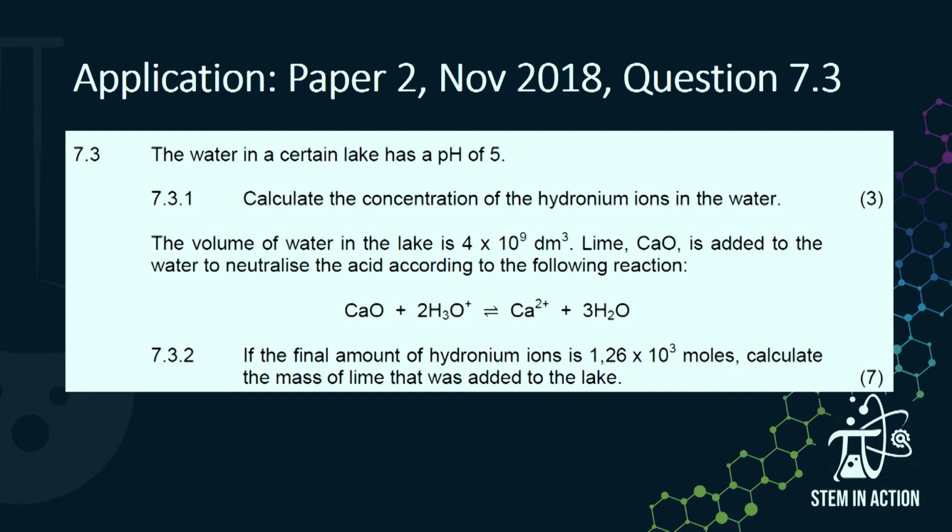Lime is added to the water to neutralize the acid according to the following reaction. Lime plus hydronium ions gives us a calcium ion plus water. 7.3.2, if the final amount of hydronium ions is 1,26 times 10 to the 3 moles, calculate the mass of lime that was added to the lake.